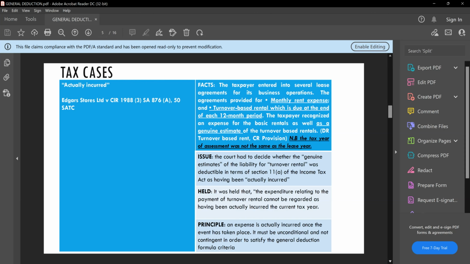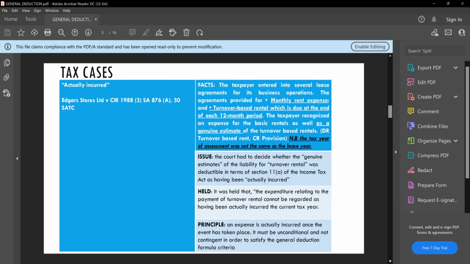So therefore, the principle from this case is an expense is actually incurred once the event has taken place. It must be unconditional and not contingent in order to satisfy the general deduction formula criteria. So our takeaway from this case is that an expense is actually incurred once the event has taken place.